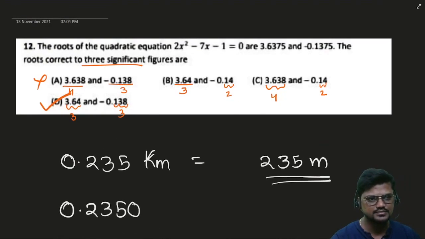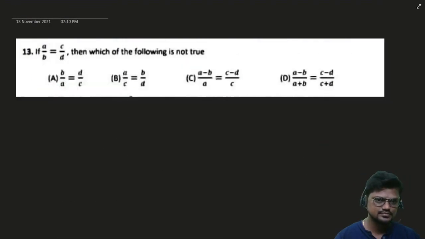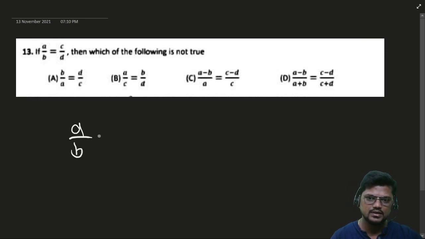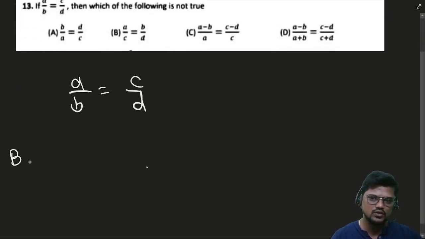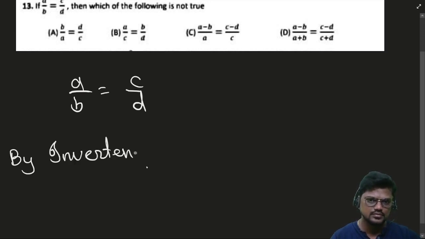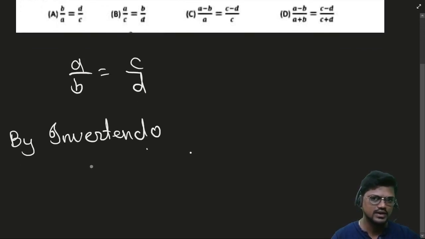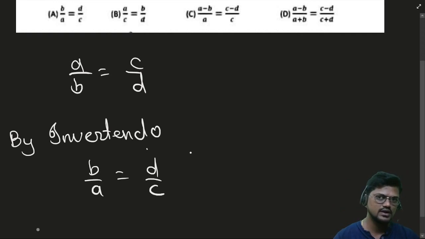Now the next. See, I'll explain how. If you have A upon B is equal to C upon D, by invertendo, what can we say? By invertendo, we can say that B upon A is equal to D upon C. You just have to reverse the numerator and denominator.